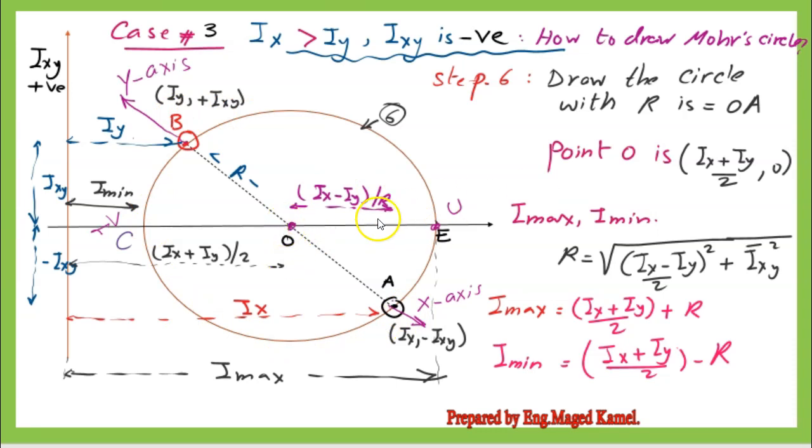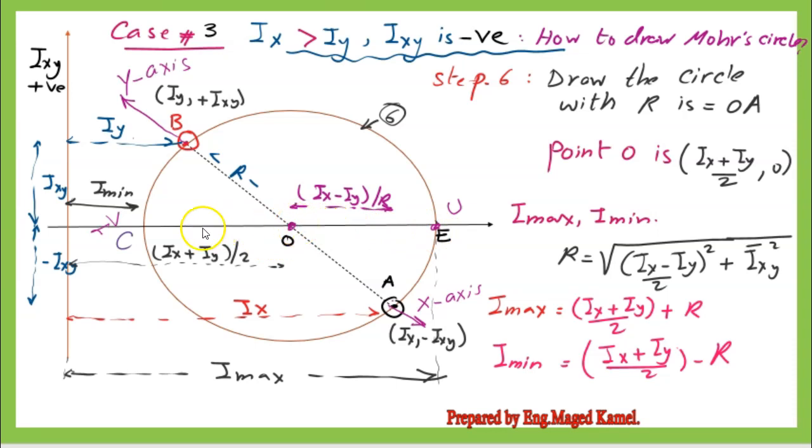Since we have Ix bigger than Iy, the radius of the circle is equal to the square root of ((Ix minus Iy) divided by 2) squared plus Ixy squared. Point E is the maximum value of Ix, and it equals (Ix plus Iy) over 2 plus R. Point C is the minimum value of Ix.